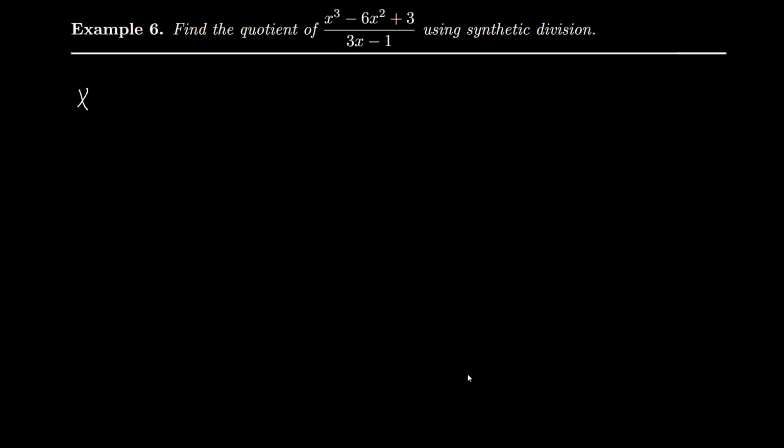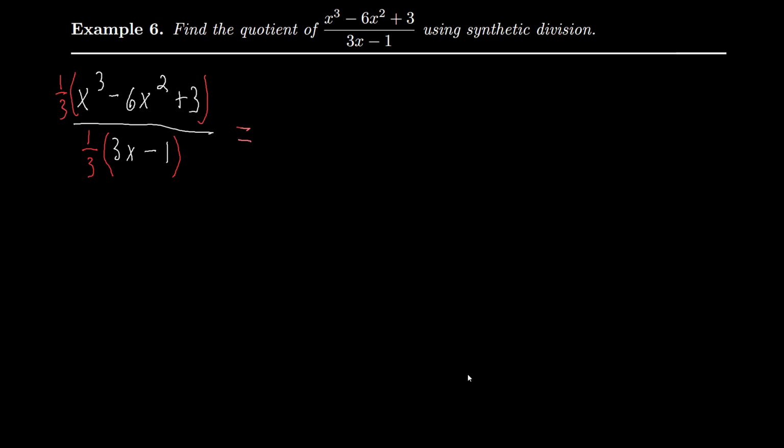Got to do some math over here first. x cubed minus 6x squared plus 3 over 3x minus 1. So I want to get rid of that 3. What I'm going to do to get rid of that 3 is multiply everything on the bottom by 1 over 3. And if I multiply everything on the bottom by 1 over 3, you better believe I've got to multiply everything on top by 1 over 3 as well.